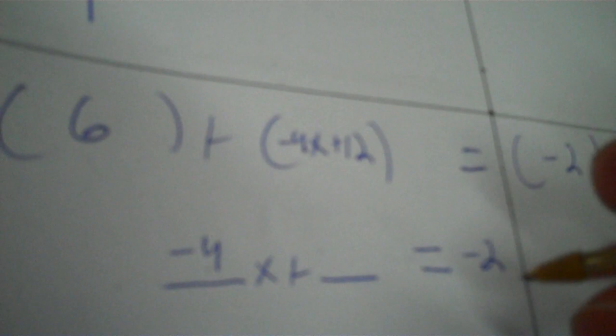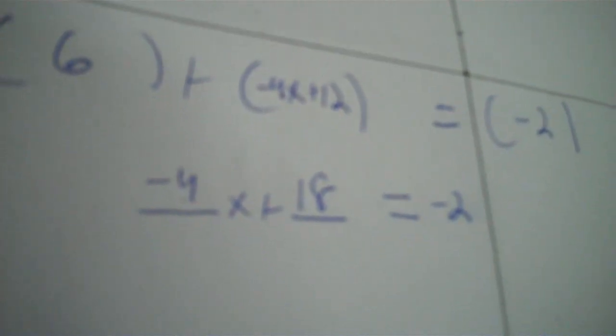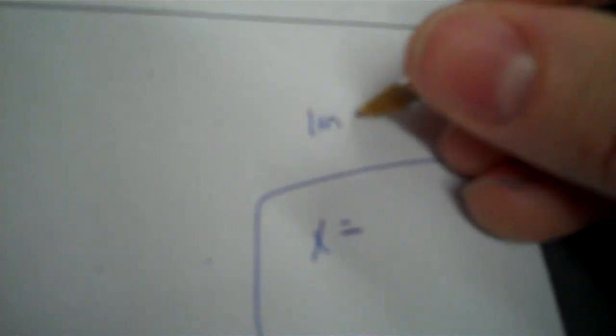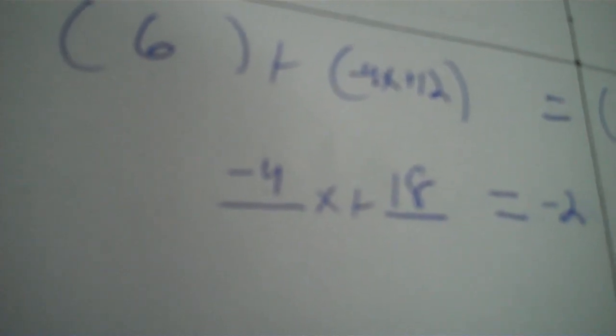So you just put your negative 2 here. You got constant, x, constant. So negative 4 is my x, constant, 6 plus 12 is 18. Your x is just to the first, so you're applying linear properties. You are not clearing the whole side of the equation. So don't add to linear properties.